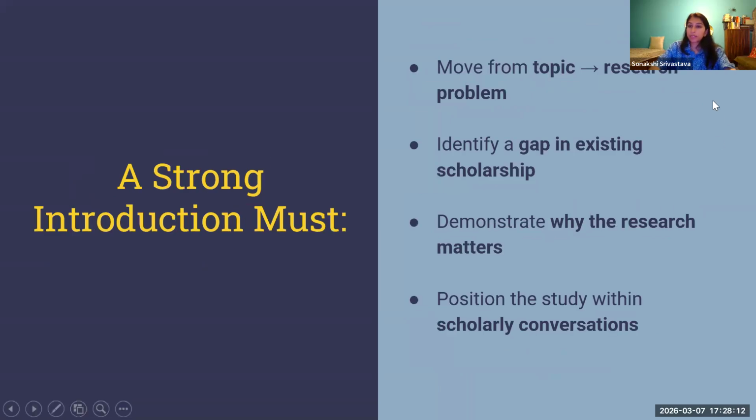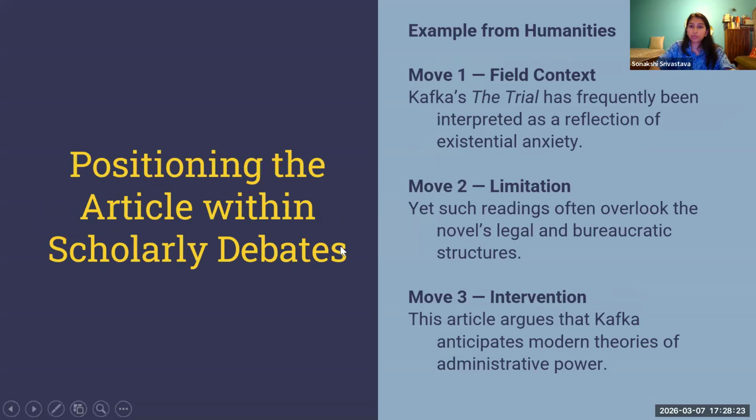So, what does this tell us? This tells us that a strong introduction must move from topic to research problem. Again, if I were to go back to show you this example, Kafka's The Trial has frequently been interpreted as a reflection of existential anxiety. Yet such readings often overlook the novel's legal and bureaucratic structures.